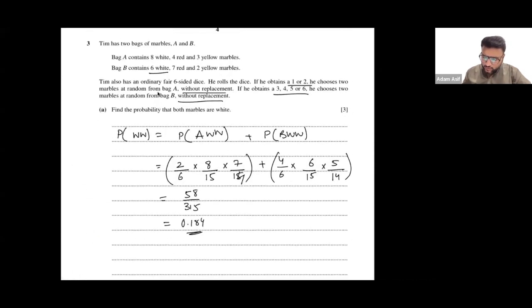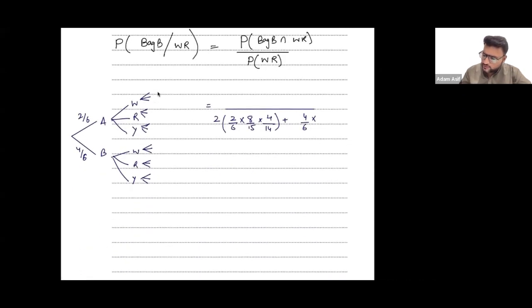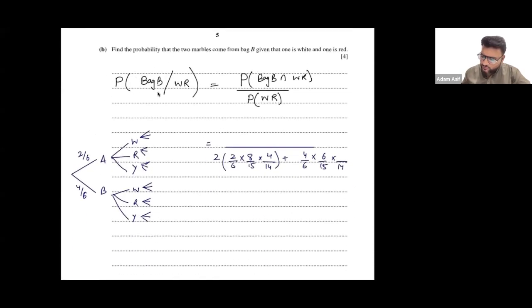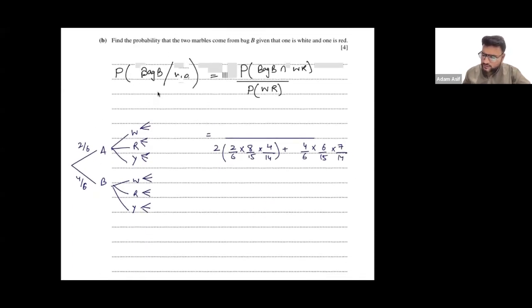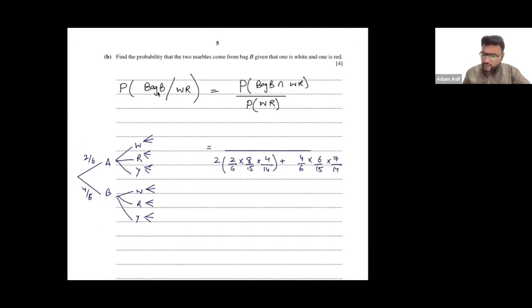Then there are 6 white marbles and 7 red marbles. So 6 upon 15 times, there are 7 red marbles, 7 upon 14. Okay. Now we can have red first, then white as well.